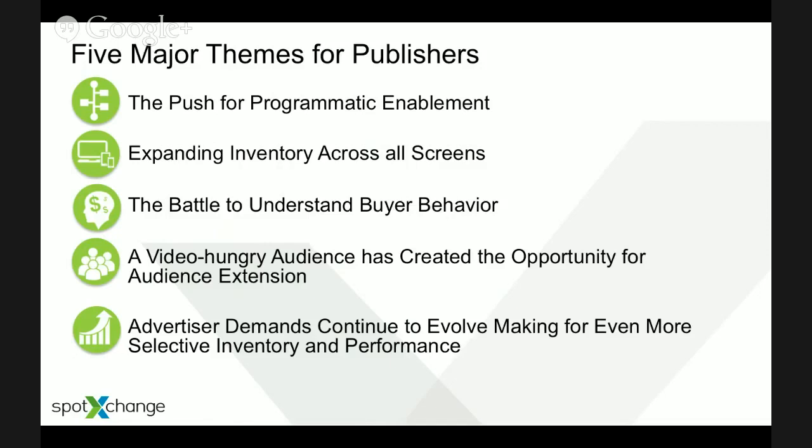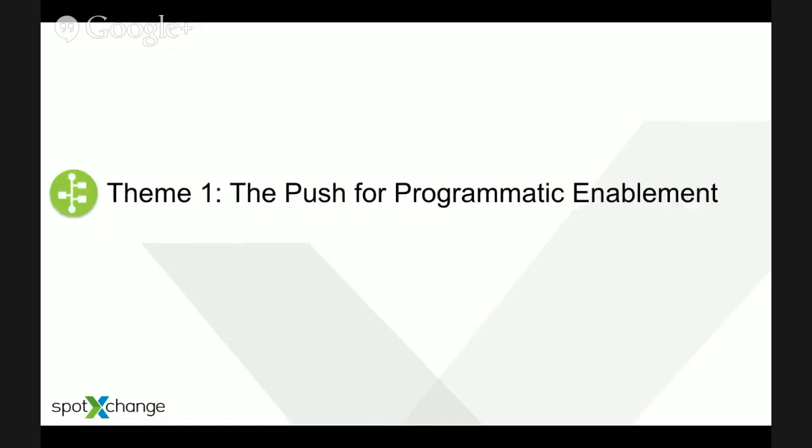We're going to focus on audience extension and talk a little bit more about how a video-hungry audience is creating a huge opportunity there for publishers. And then finally, we'll close with how advertisers' demands continue to evolve and how that's becoming more and more restrictions for publishers. So jumping in to our first theme, the push for programmatic enablement.